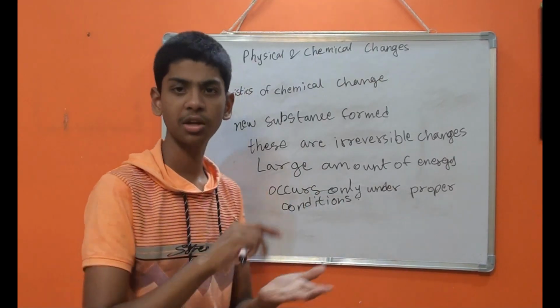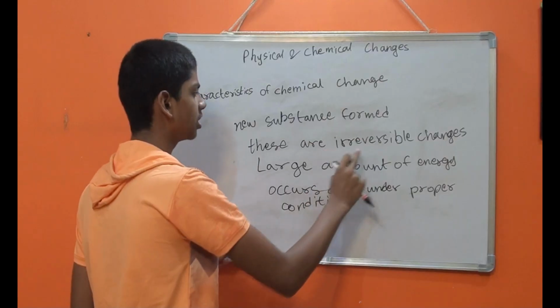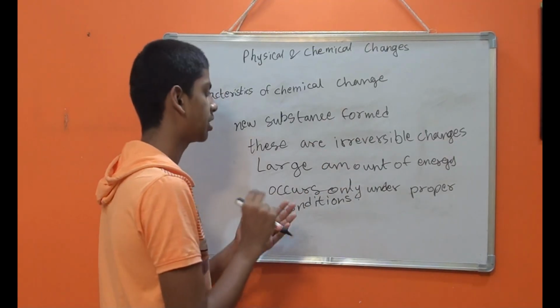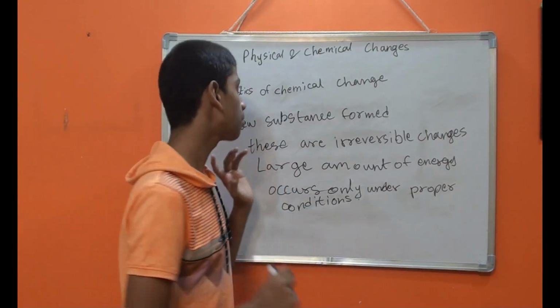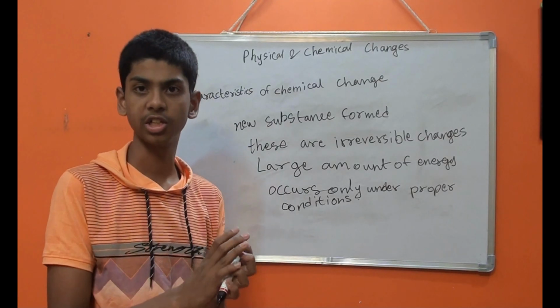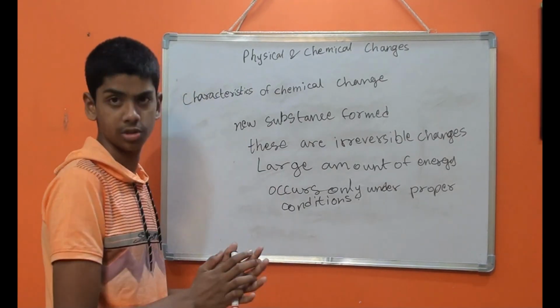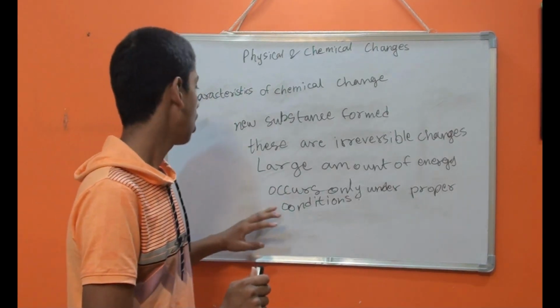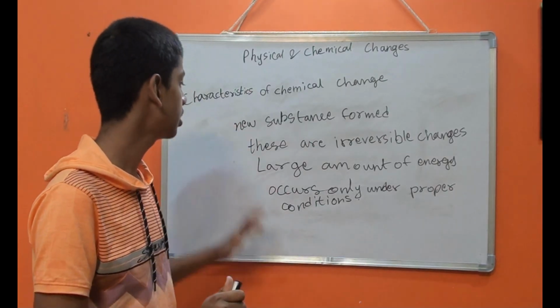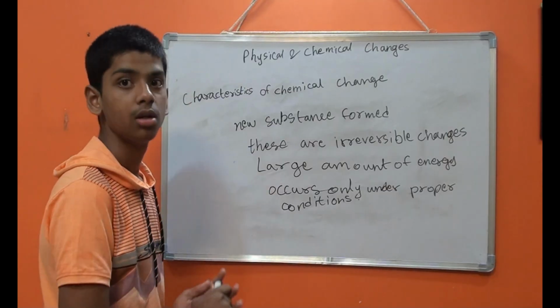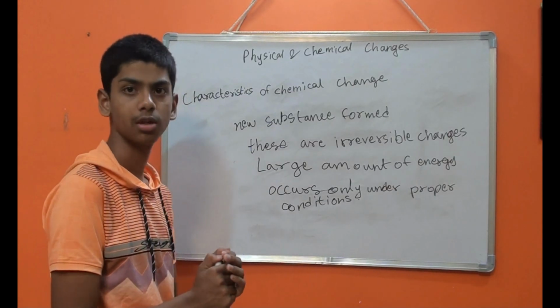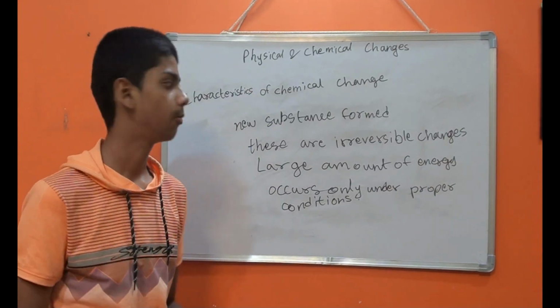That is a very long process, that's why it is considered an irreversible change. In every chemical change, a large amount of energy or heat is released or absorbed. And chemical changes occur only under proper conditions. If there is no proper condition, then the chemical change won't occur.